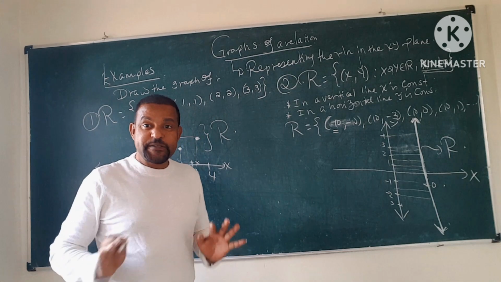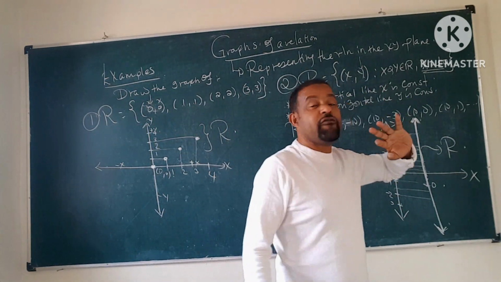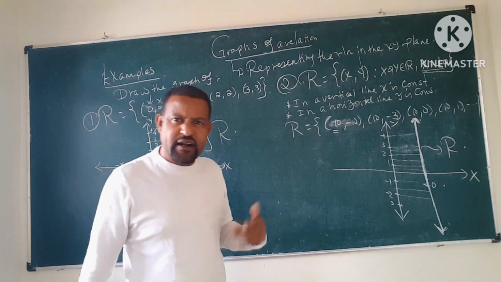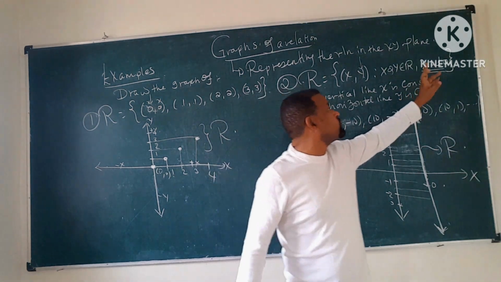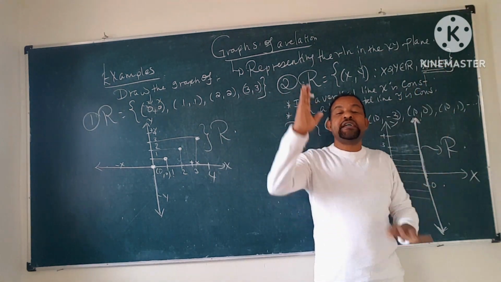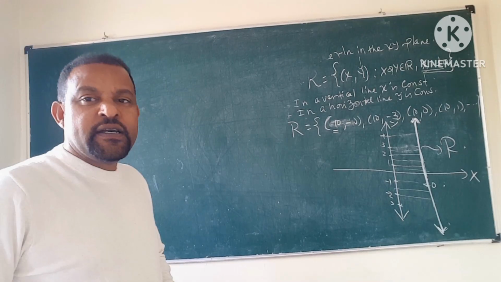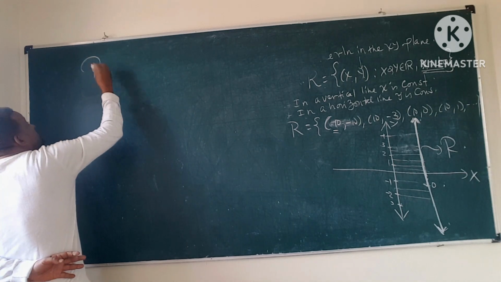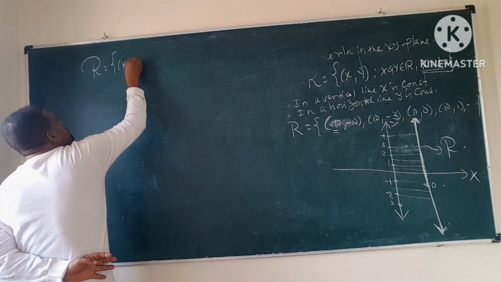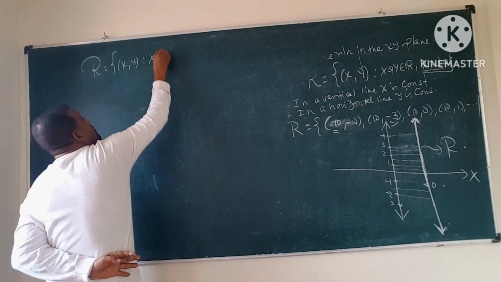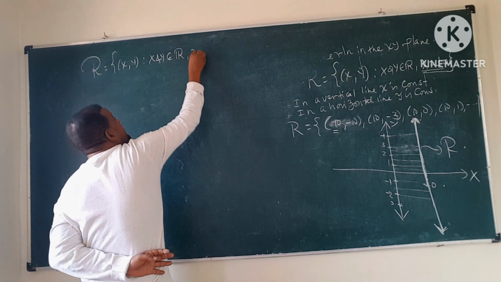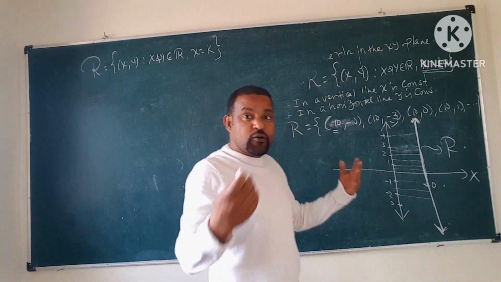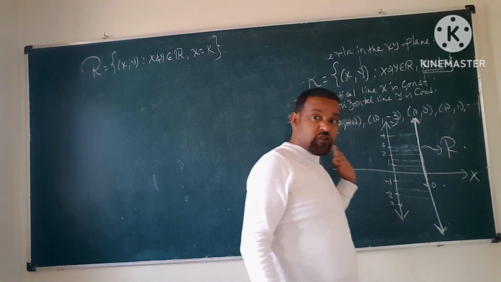Our relation. ስለዚህ አሁን ጀነራይዝ እናደርገው always the graph of the relation r is equal to xy such that x and y are coming from the set of real number and x is equal to some constant k ካለ always the vertical line passing through that k ነው ማለት። ስለዚህ አሁን always r is equal to, look, r is equal to the generalization, look, the set of ordered pairs of x y such that x and y are coming from the set of real number and x is equal to some constant k ካለ ስለዚህ k ፖዚቲቭ ከሆነ to the right, ኔጌቲቭ ከሆነ ደግሞ to the left, right?